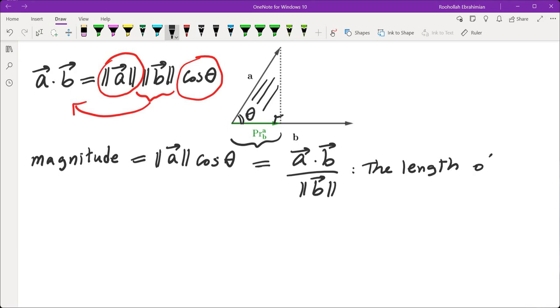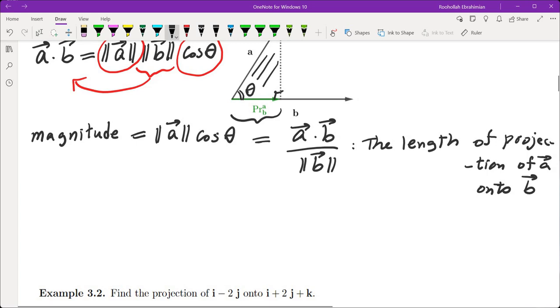Now, what is the projection of A onto B? What is the direction? The direction is in the direction of B. It means we'll have to find the unit vector in that direction.